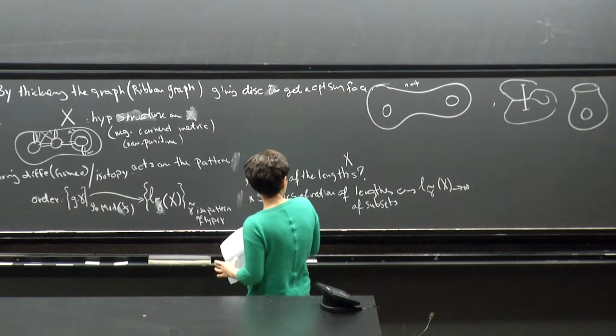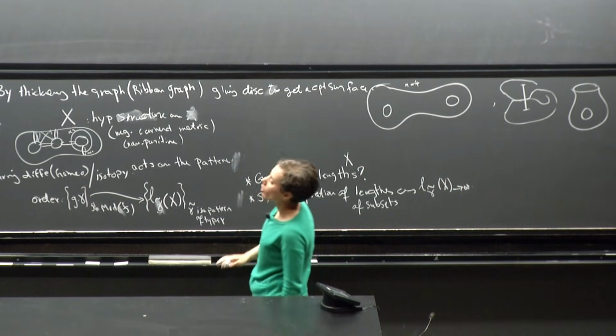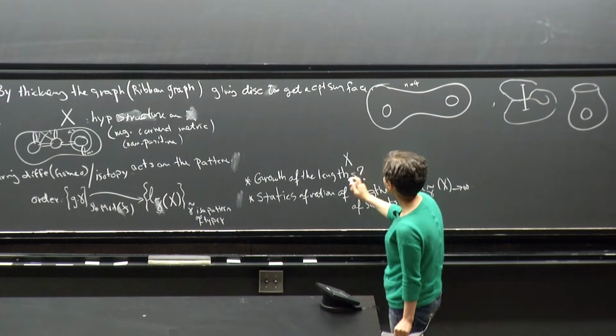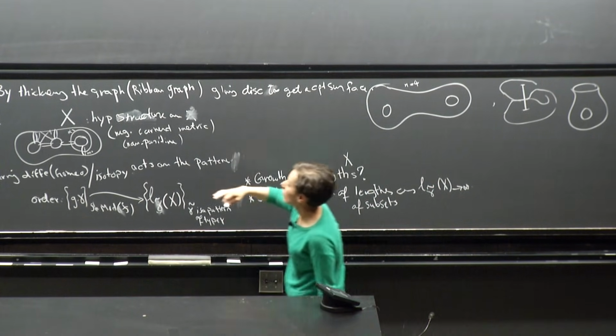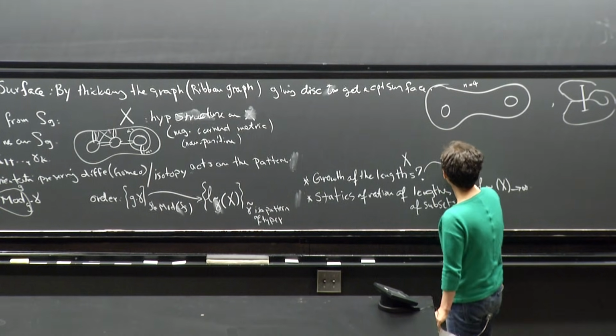Because I won't have time to discuss these problems in detail and how you do them, I will just say here, for example, no matter what the complicated shape that you have, gamma tilde, you always get something.